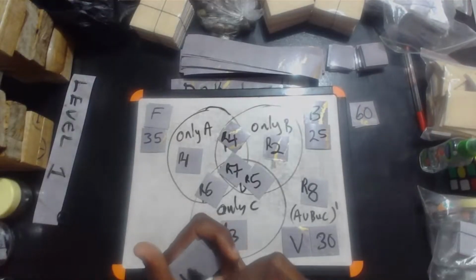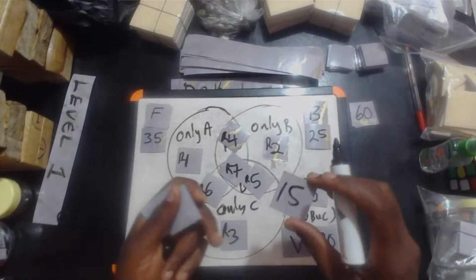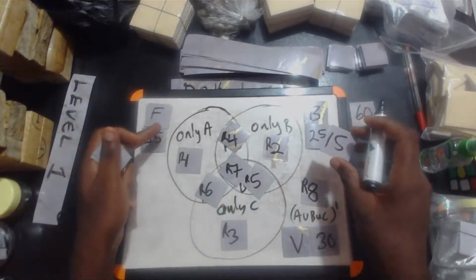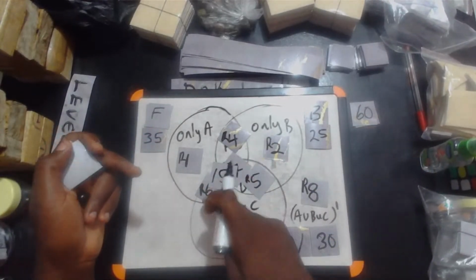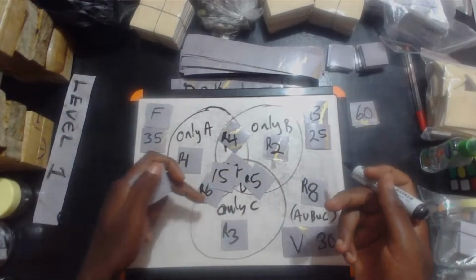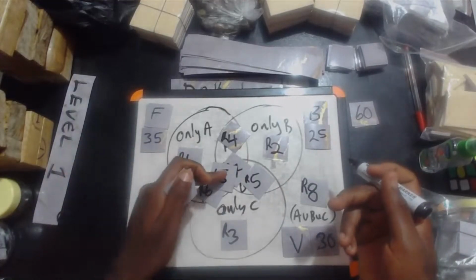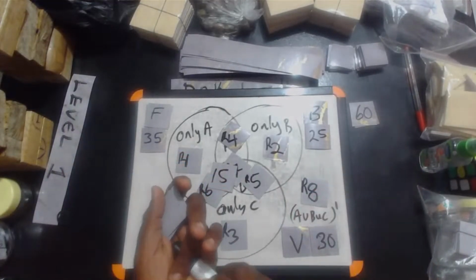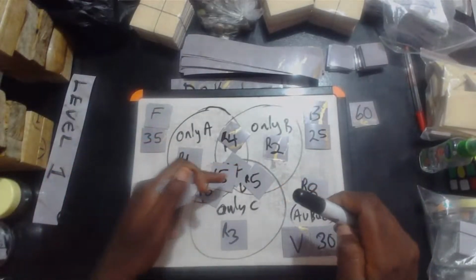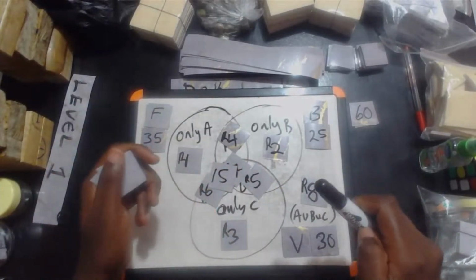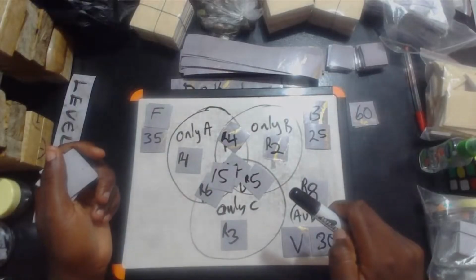So, I write 15 here. So, football and volleyball. That would be for the two regions. The two regions like football and volleyball. Some of them may like basketball too, but we are certain that 15 ultimately like football and volleyball.